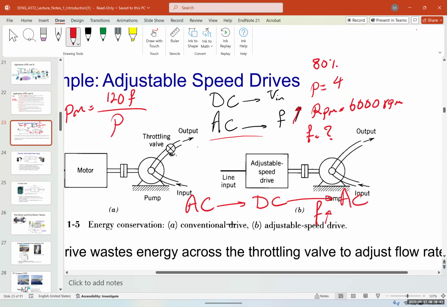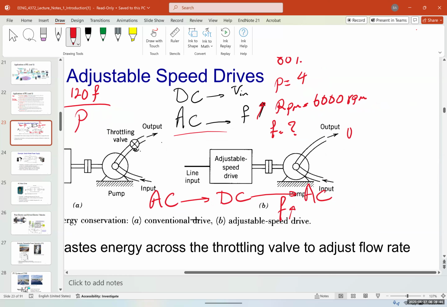So let's solve this. The RPM, again using that equation, I don't want to rewrite the equation, I don't have enough space. So 6,000 would be equal to 120 times F over 4. That is 30.